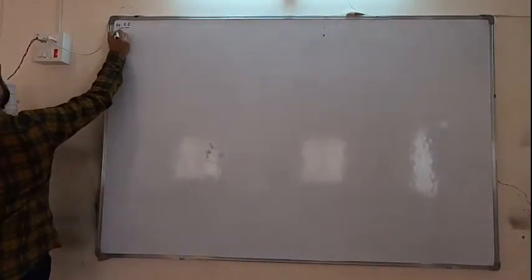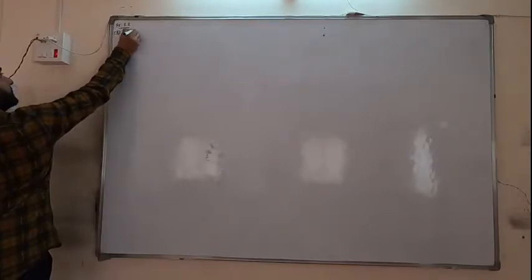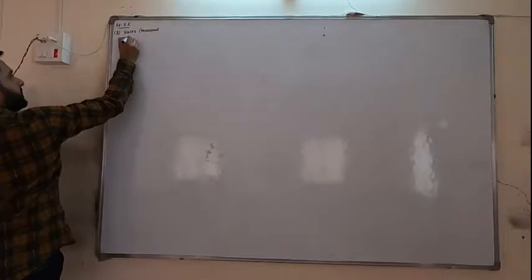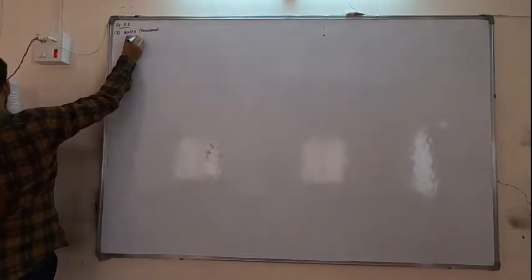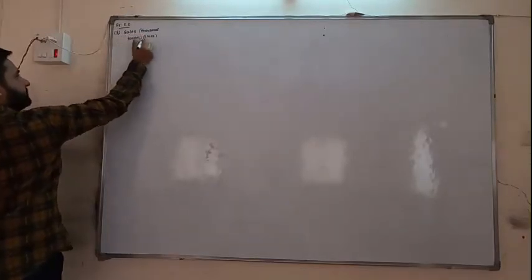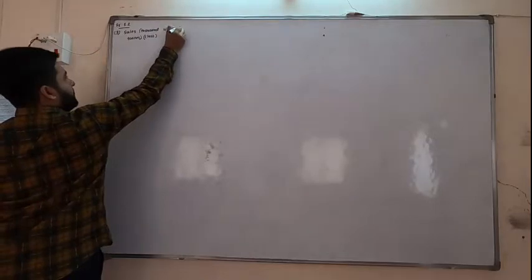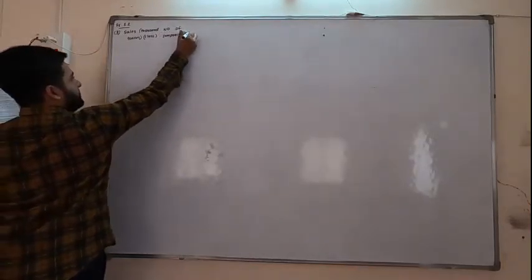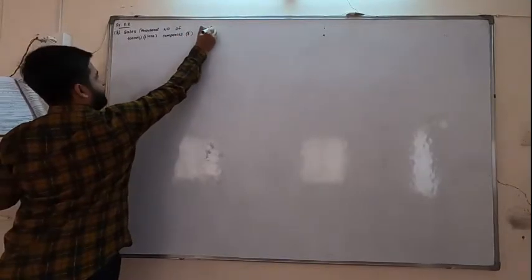Third sum. Sales in 1000 tons, sorry, not bales, tons, that is the class column. Number of companies, that is frequency F, and we need CF.